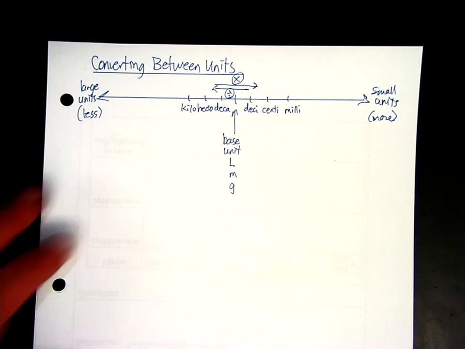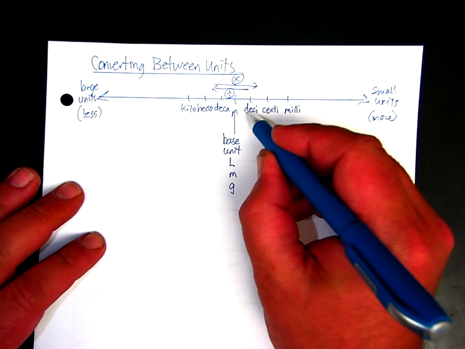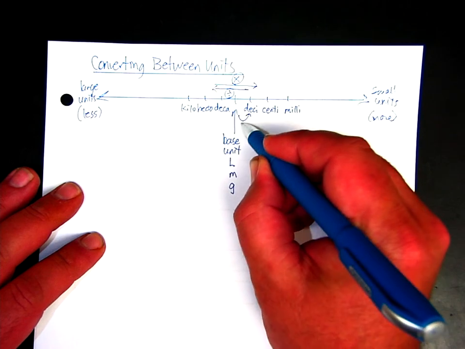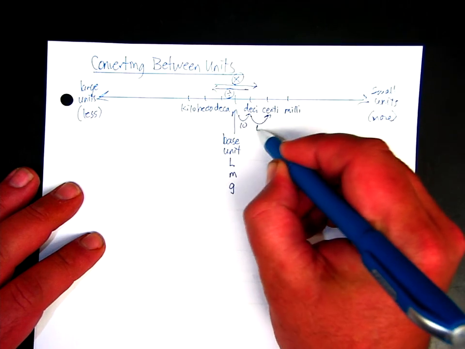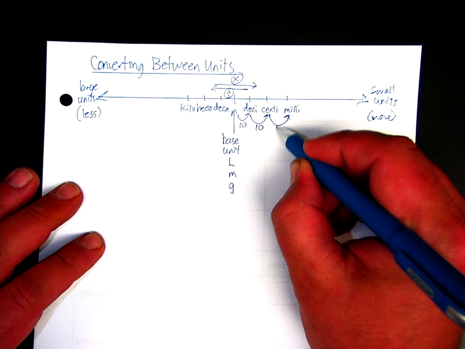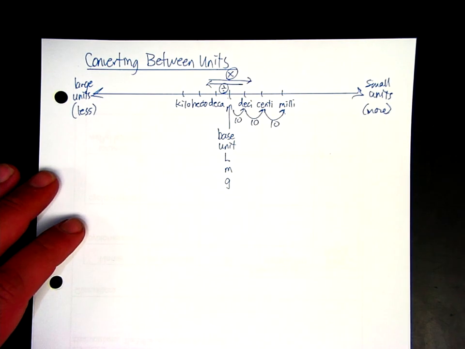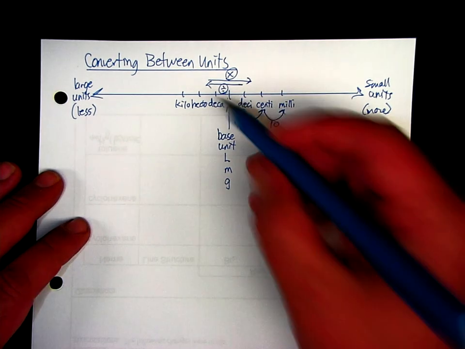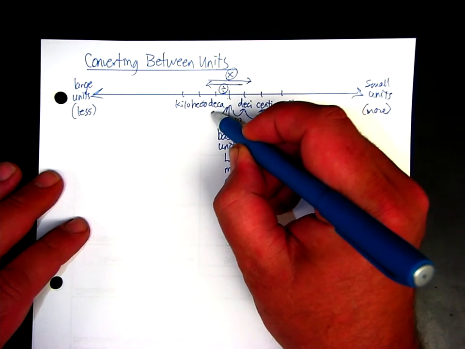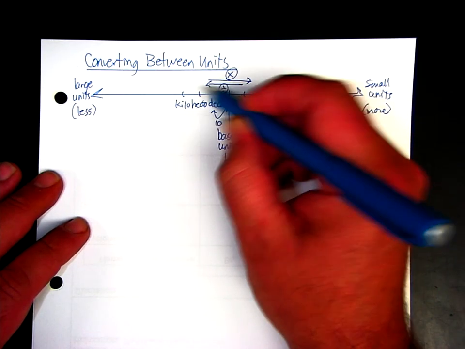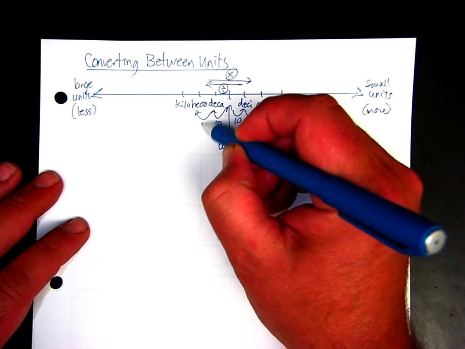Remember, these are off by a factor of 10, and they're always multiplied. You're not adding these factors. So it's 10 times 10 times 10 to get to milliliters or millimeters or milligrams. Again, these are also off by 10, but you're dividing when you're going in this direction.